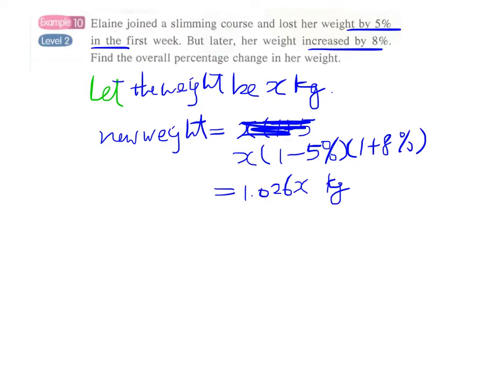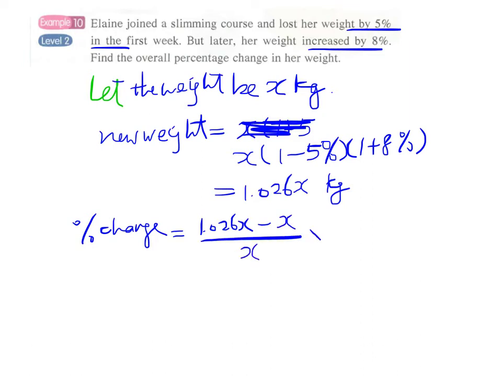And now we can find the percentage change in weight. This will be the new value, 1.026x, minus the original value, divided by the original value. And then we multiply this by 100%.